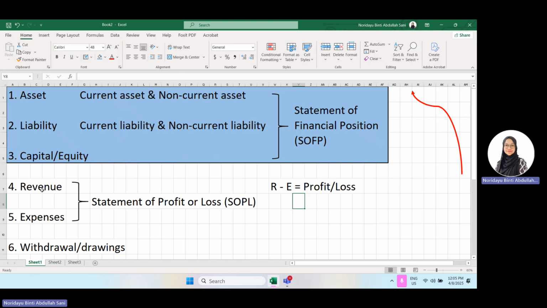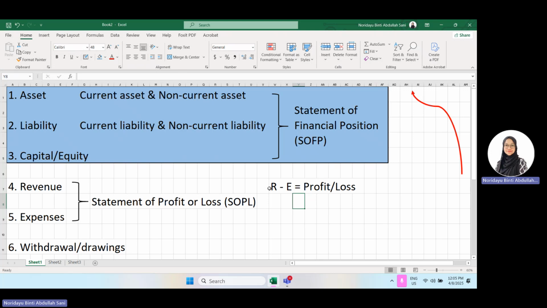So for small micro enterprises or any sort of business, these two statements are a must. For the tax computations, even for micro enterprises and small enterprises, they need to prepare these two statements. That's why these two statements are very, very important.